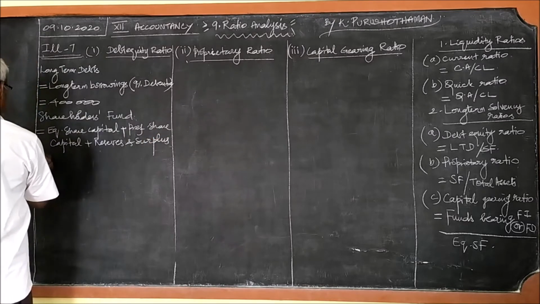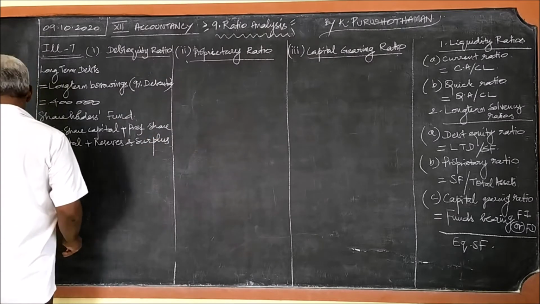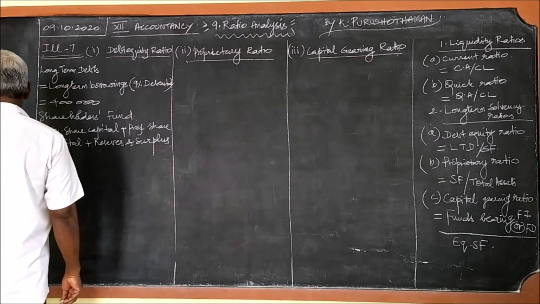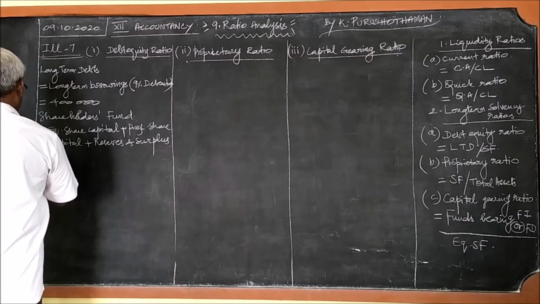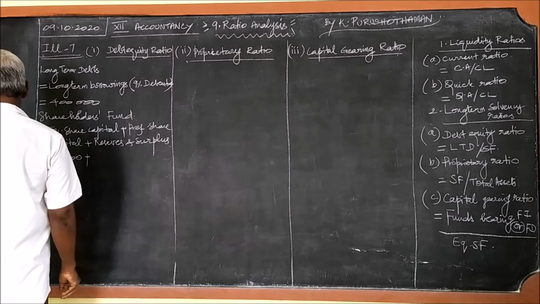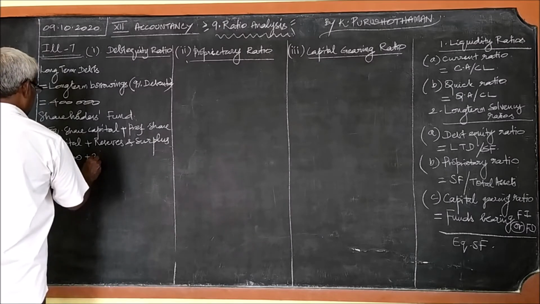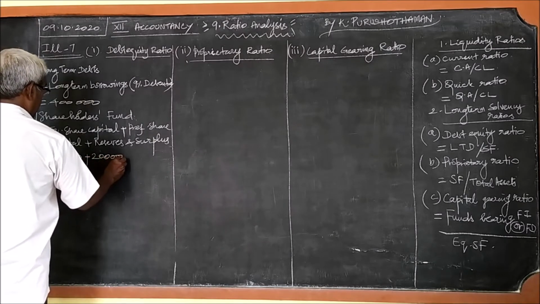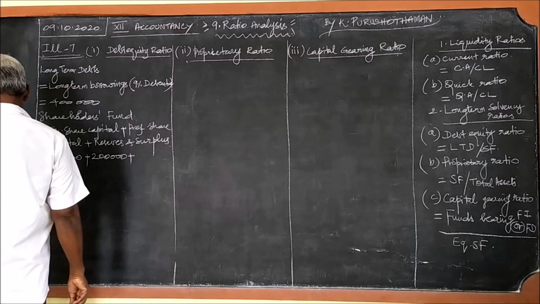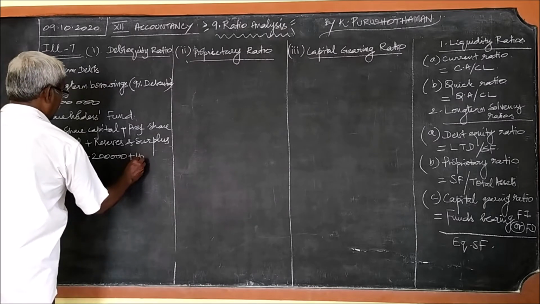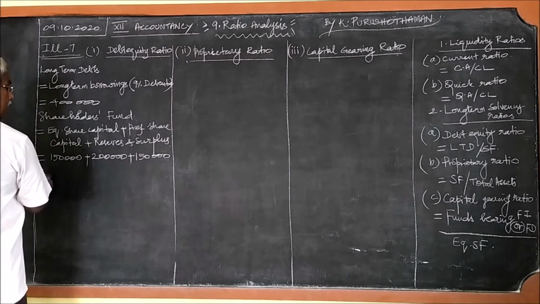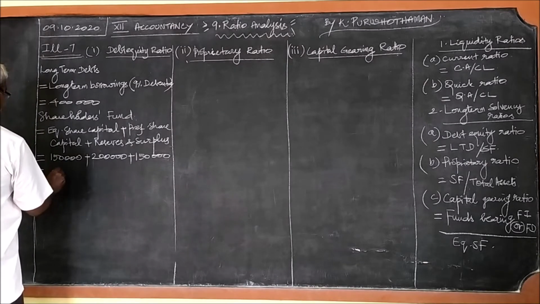These are the three items we must keep in mind. Equity share capital 1,50,000 plus preference share capital 2 lakhs plus reserves and surplus 1,50,000. If you find the total of these three items, it will come to 5 lakhs.